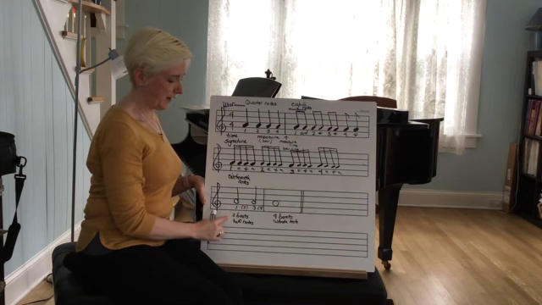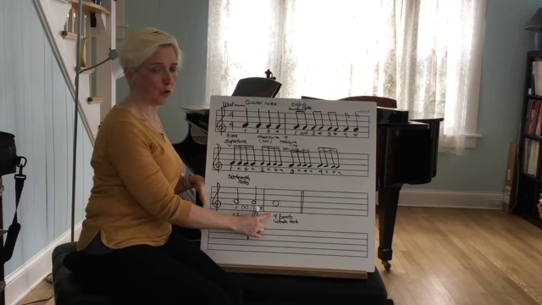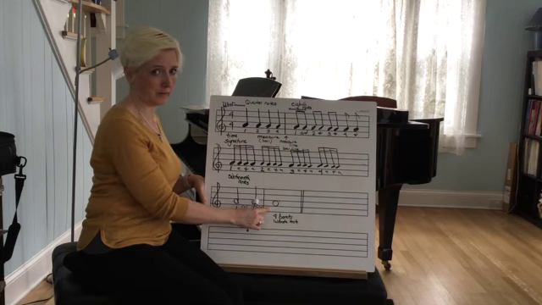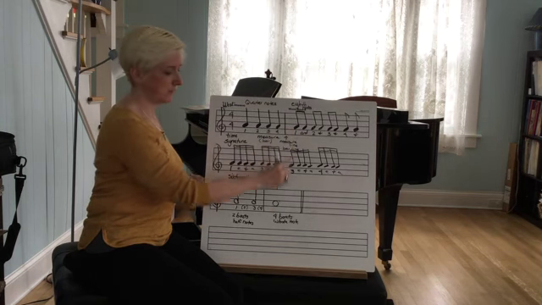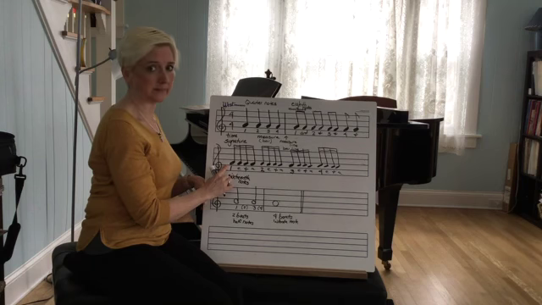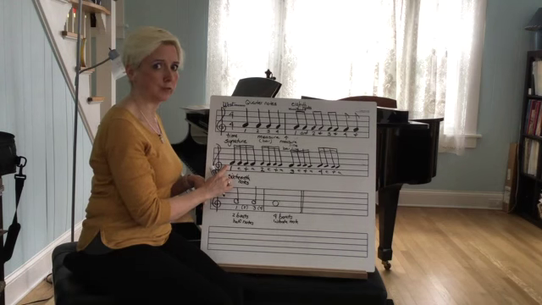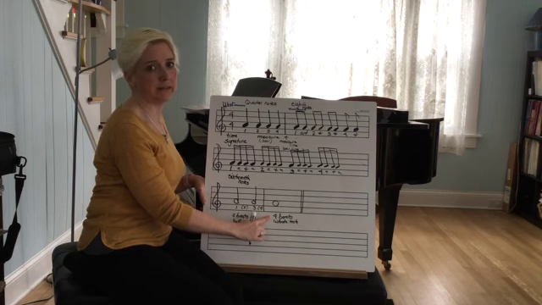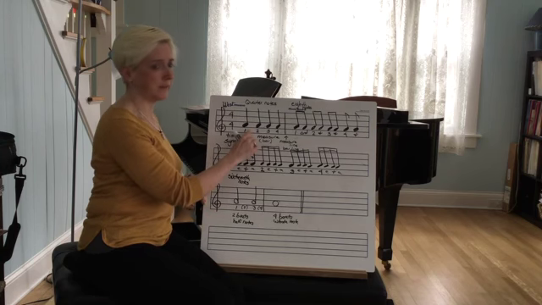It takes 2 half notes to get a whole measure. It takes 4 quarter notes to get a whole measure, 8 8th notes for the whole measure, and 16 16th notes for the whole measure. So the names make a lot more sense when you relate it to the whole rather than to the beat.